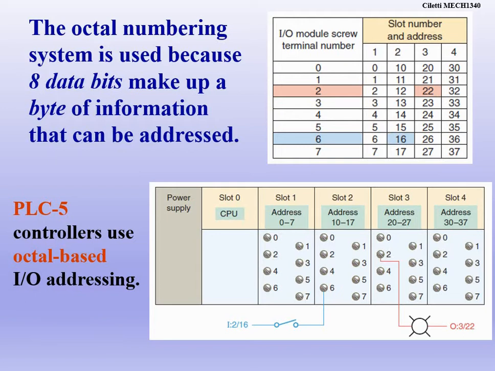So for PLC controllers, we use more of an octal system because every slot, and you're going to learn this as we program, has addresses. So if we're talking about slot or rack 0, and then we say the slot number, it would be 0.0, 0.1, 0.2, 0.3, 0.4, 0.5, 0.6, 0.7.